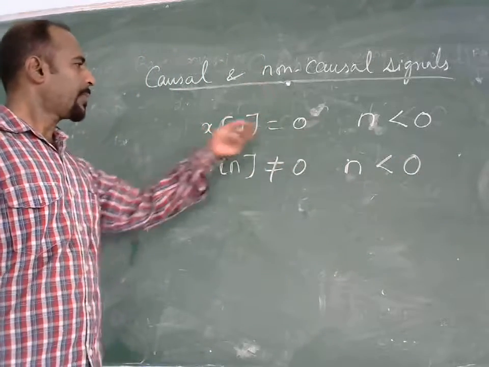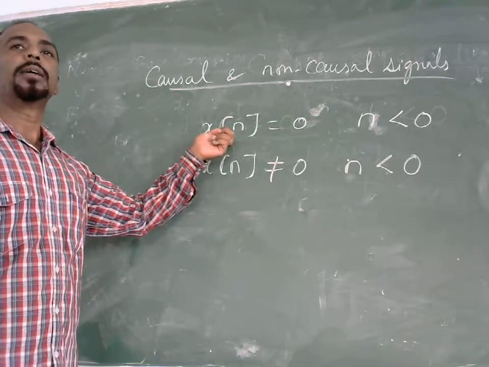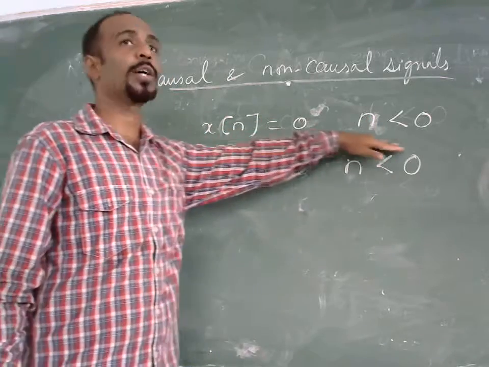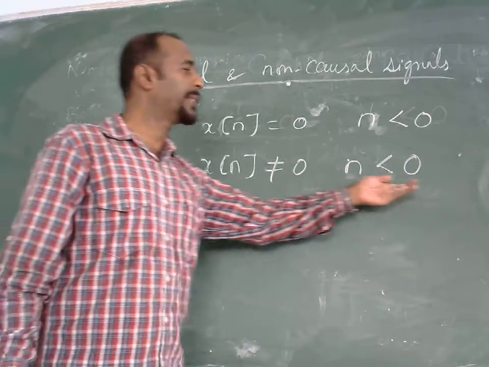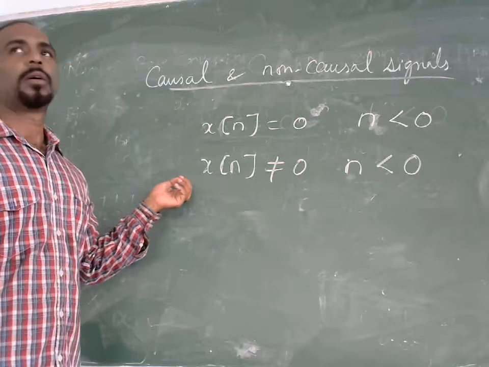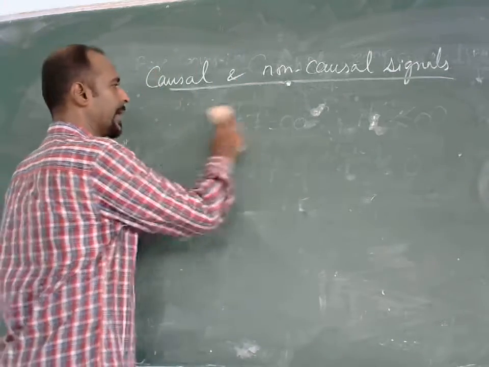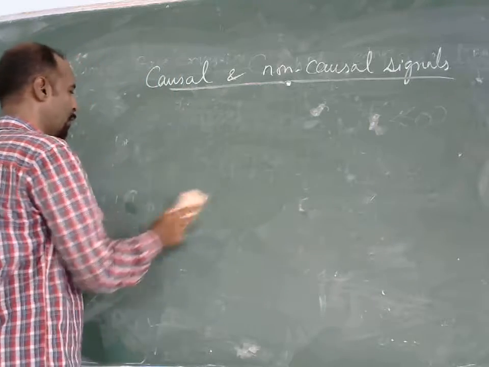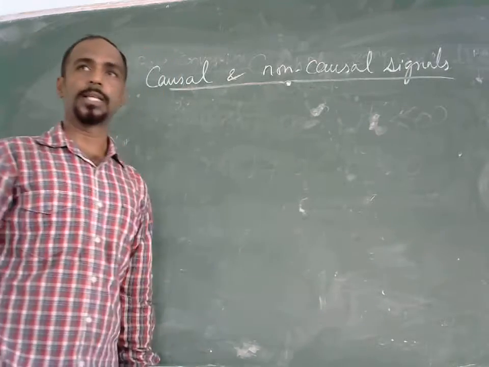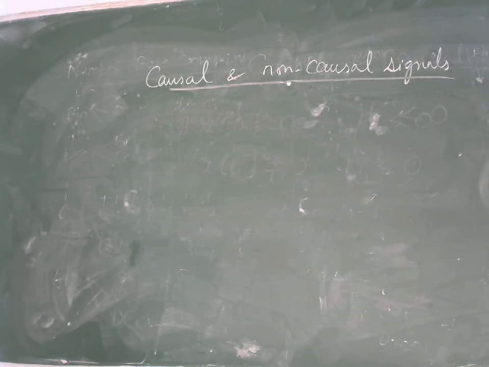That means if the signal does not exist for negative values of n, then the signal is a causal signal. But if it exists for negative values of n, then we say that the signal is a non-causal signal.